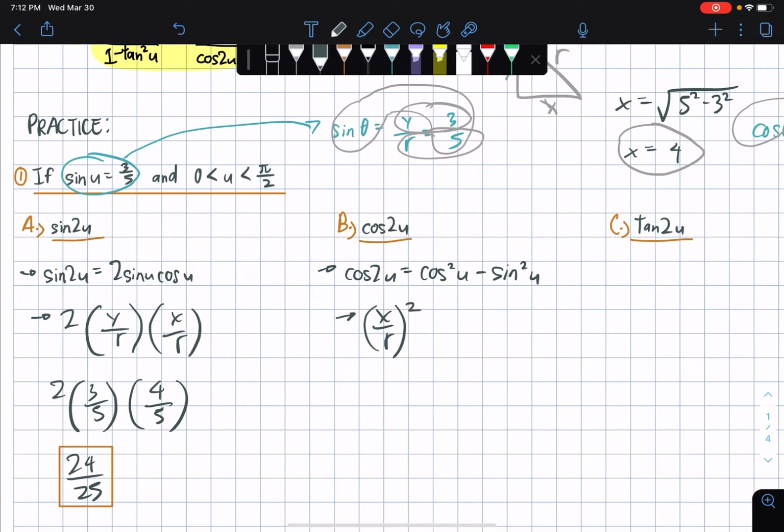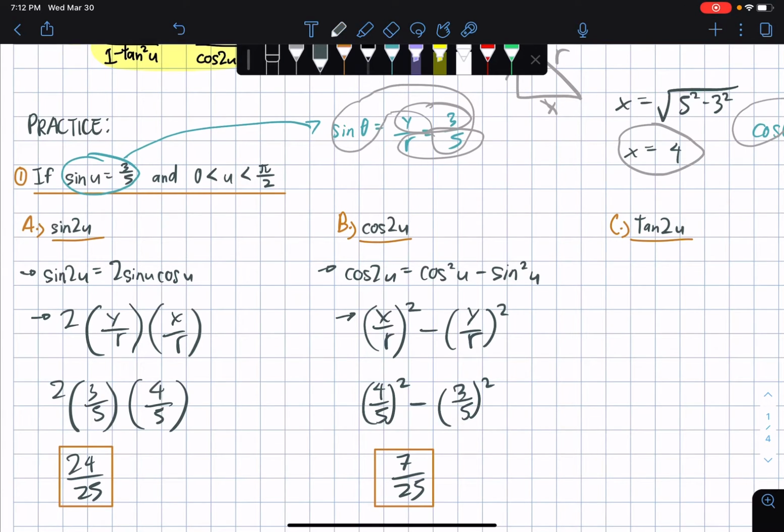Please remember that. And our y over r is our sine. So we write something like this, and of course substitute the values. 4 over 5 squared minus 3 over 5 squared. The answer is 7 over 25.